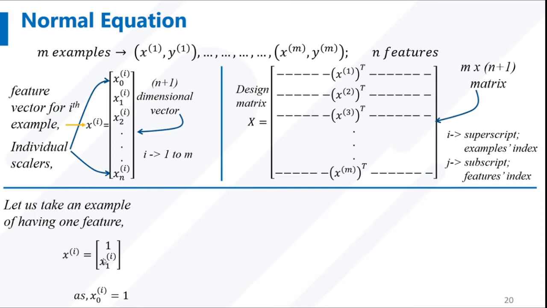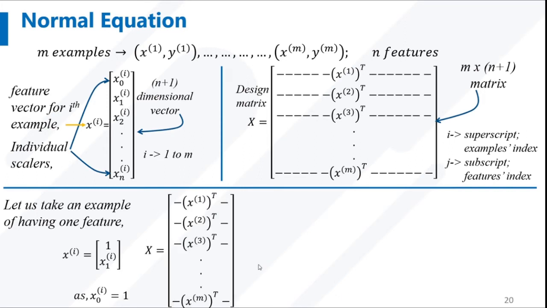So if x^i is 1, x1^i, then this is the column vector. In order to form X, you make each of these a row: transpose this vector for i equal to 1, then the second vector transposed, where i equal to 2, i equal to 3, i equal to 4.